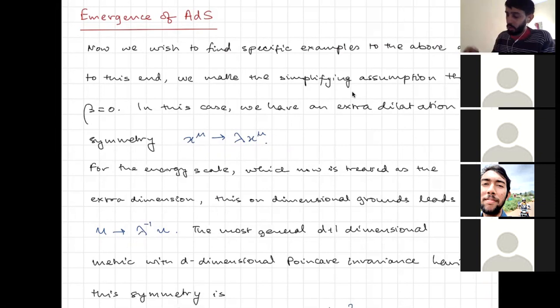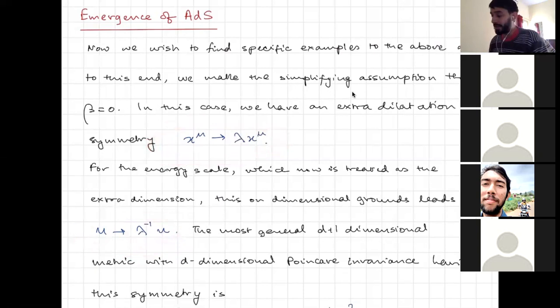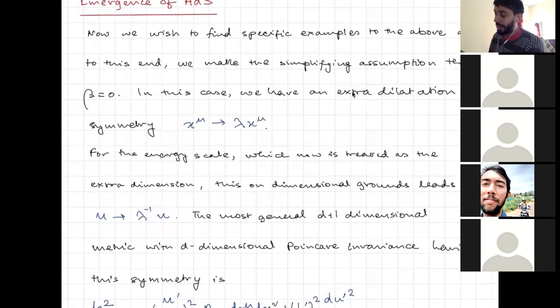And you have u now, and there is this extra symmetry which is also associated with these sort of coordinates. So you have d coordinates, mu goes from 0 to d minus 1, and you have this extra direction u, and what you have to do is construct a d+1 dimensional metric out of this.